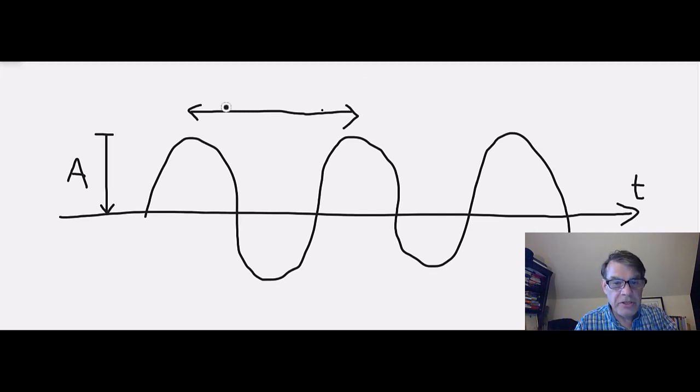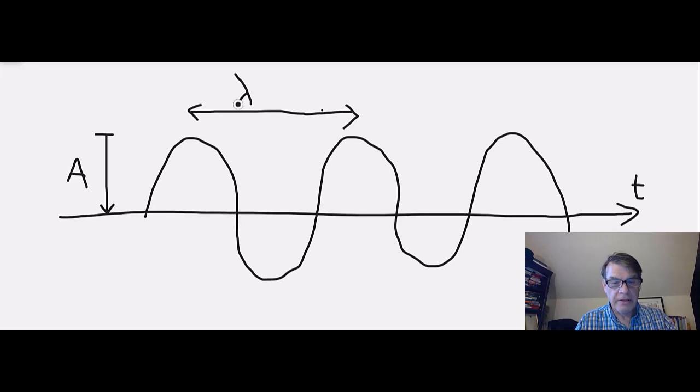And so this distance from one point to the equivalent next point is called the wavelength. It's usually symbolized by the Greek letter lambda in the literature. The wavelength is the length from one point on a wave to the equivalent point on the next wave.